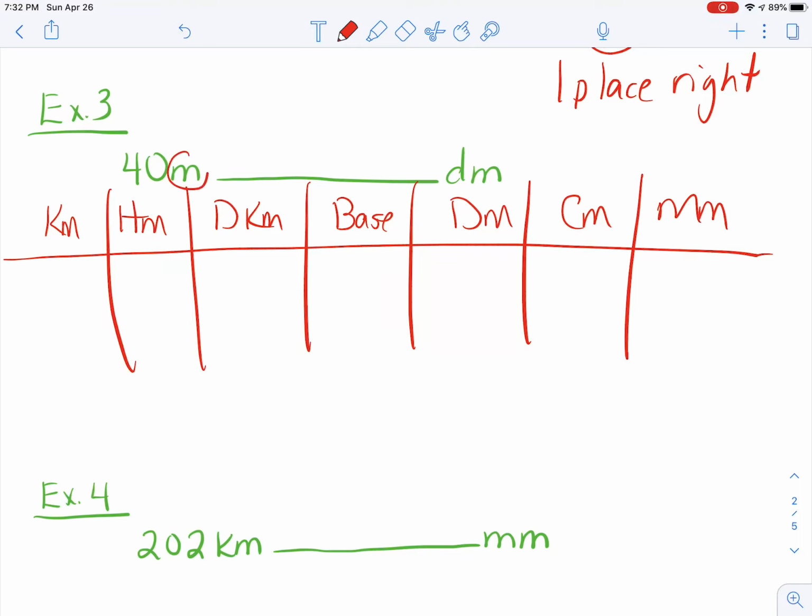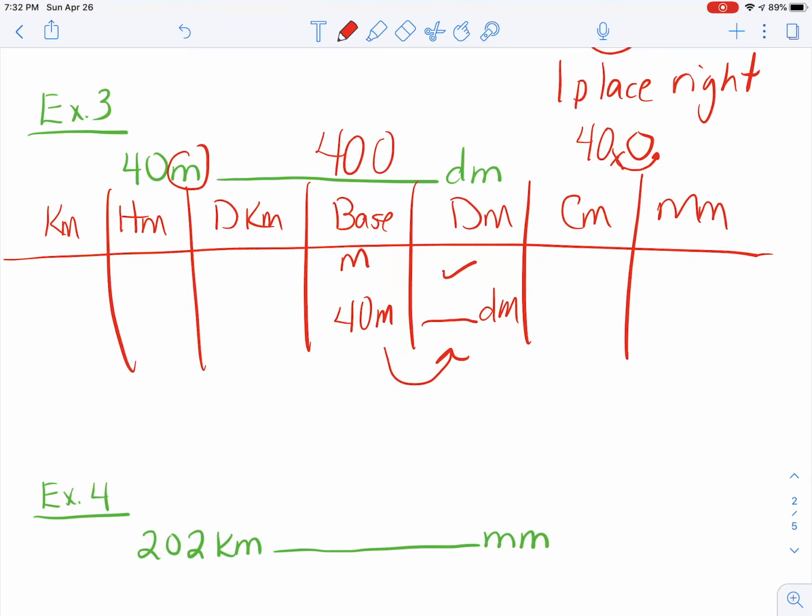So meters, it's one letter, so I know that my meter is here. So that's 40 meters. And I'm going to dm, not dkm, just dm. I'm going one place to the right. So there's my decimal. One place to the right. My decimal moves from here to here. I fill in with a 0. So it's 400.